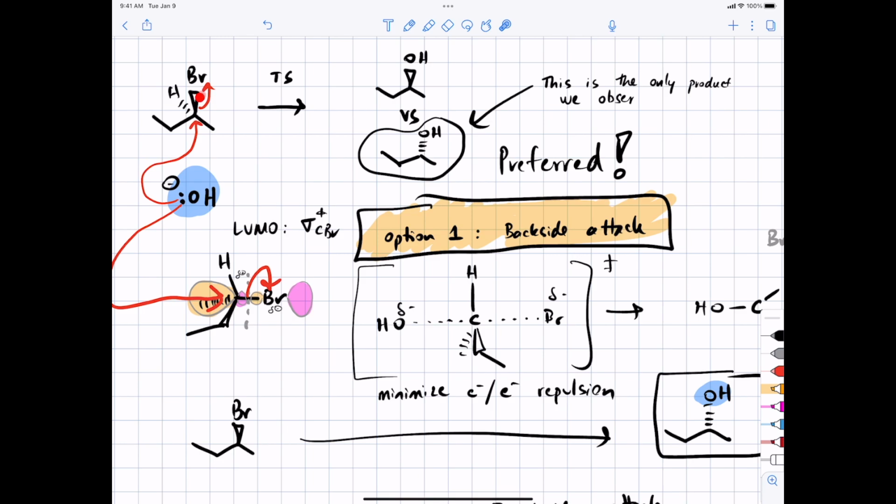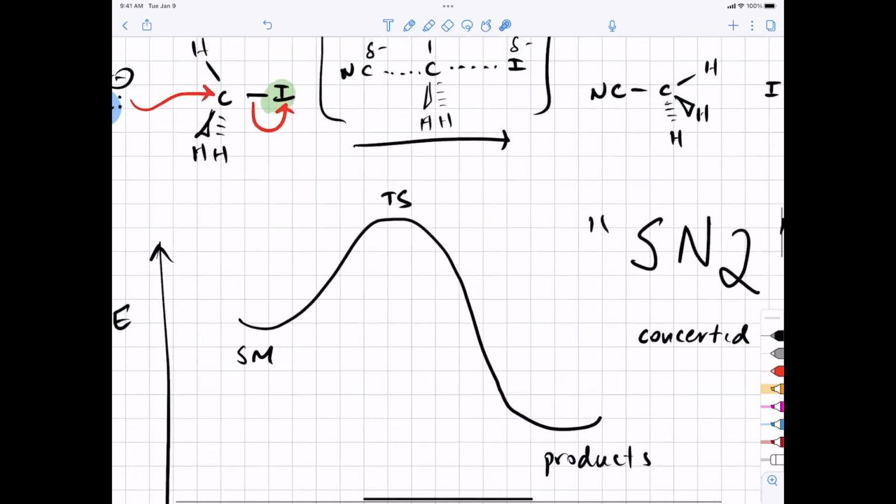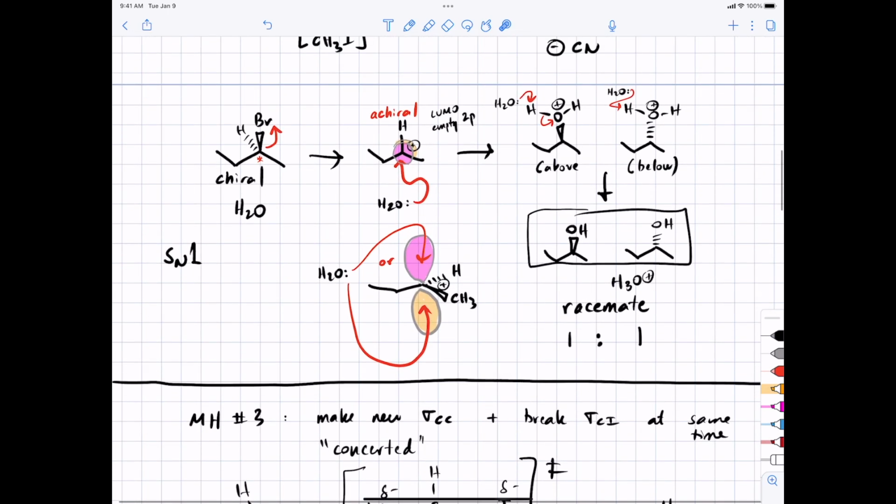If you have a chiral starting material with a stereocenter where the leaving group is, you have to get backside attack with inversion of stereochemical configuration for the SN2 reaction, whereas for the SN1 reaction, you have to go through a planar achiral carbocation, and therefore you get both enantiomers, right?